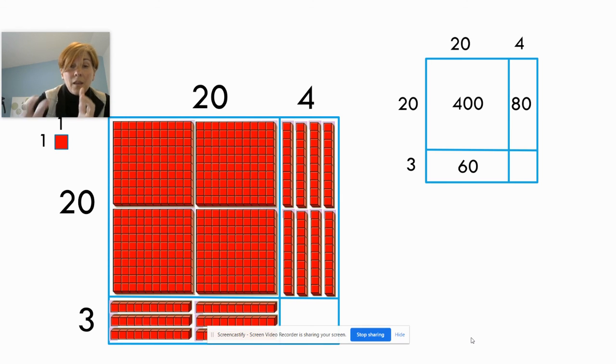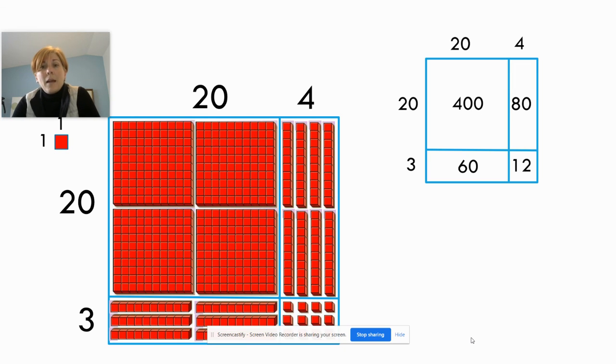And then in that small room, neither side is bigger than 10, so I have to use those ones. That's all I can do. So I'm going to do 4 across and then 3 rows of that. So that would be a 4 by 3, which is going to give me 12.